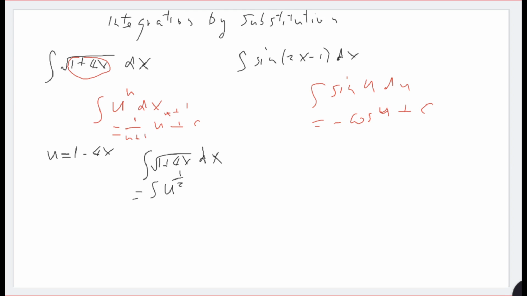Well, we work on the side based on the substitution. So if we differentiate on both sides, it would be du equal to negative 4 dx. So find the differential on both sides. The differential of a function is the function prime times dx.